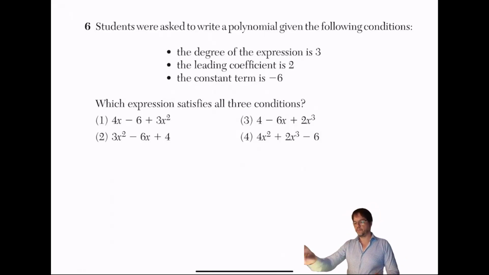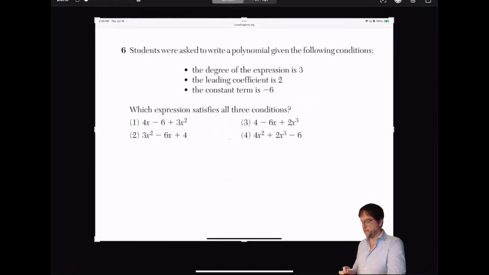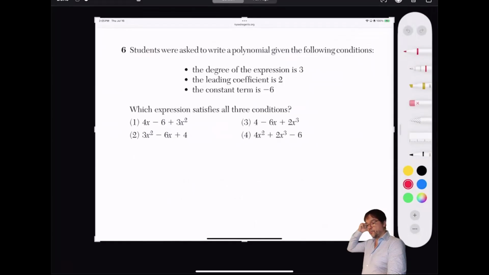Let's see. Number 2. Let's see together. Students were asked to write a polynomial given the following conditions. The degree of the expression is 3. Okay. So the greatest power is 3.